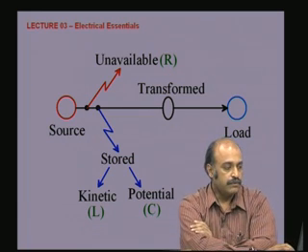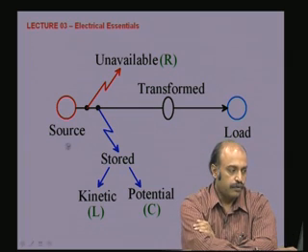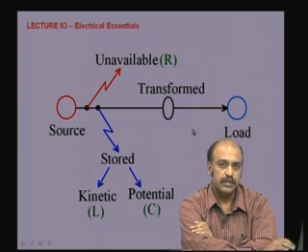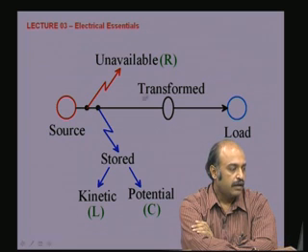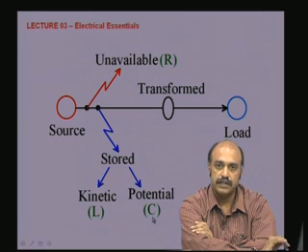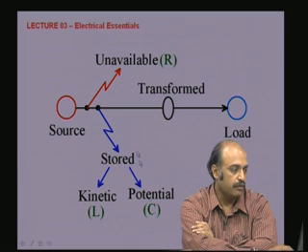It of course gives you an insight into what the source and the load are, and how the energy flows from the source to the load. So, when energy flows from source to the load, there are a few things that happen to it. Some portion of it will get stored. It will get stored as kinetic energy. It will also get stored as potential energy, whichever be the domain, electrical or mechanical or any other domain.